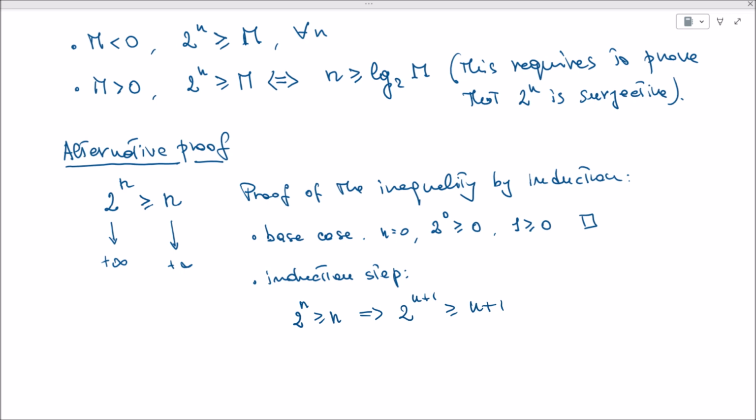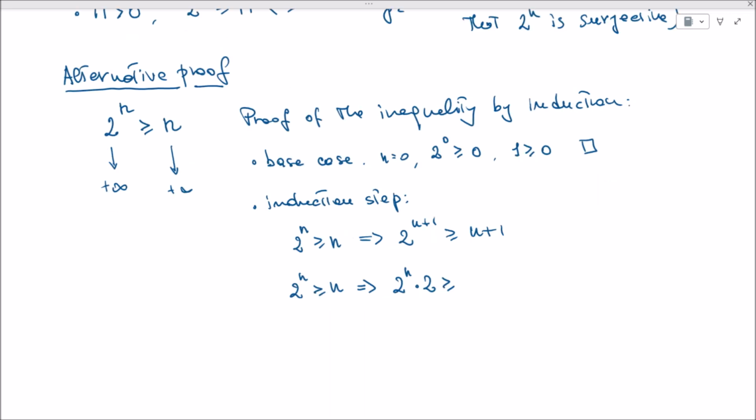From 2 to the n larger than or equal to n, if we multiply by 2 on both sides, we have that 2 to the n times 2 is larger than or equal to 2n. And we can rewrite the left-hand side of the inequality as 2 to the n plus 1, and we can write the right-hand side as n plus n.